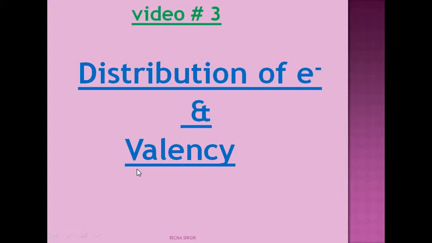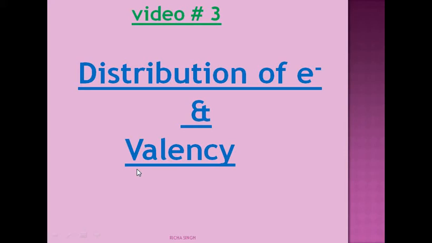Now you all know that in Bohr's model, electrons have a location, they revolve around the nucleus in orbits or shells. But how are they arranged, what is the maximum number, or are they arranged randomly? This we are going to study in this chapter.